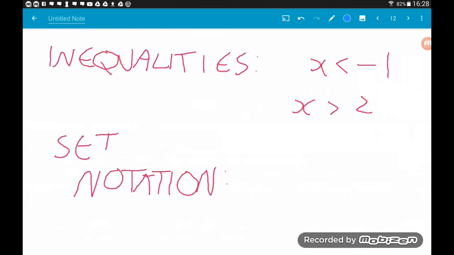In set notation, this is going to be x is such that x is less than -1, or so union, x is such that x is greater than 2.